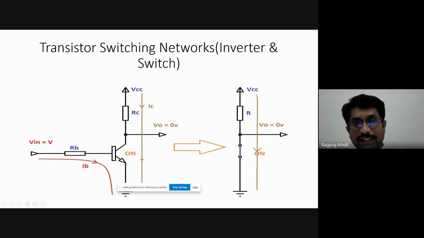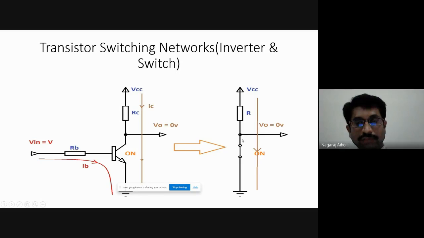And the VCC gets directly connected to ground. So when it is a closed switch, what is happening here? VCC, the supply voltage, through the resistance, is connected to ground. When it is connected to ground, it is shorted to ground. Therefore, what will be the output voltage? Anybody can tell me?